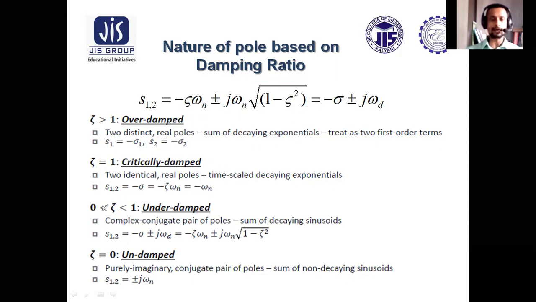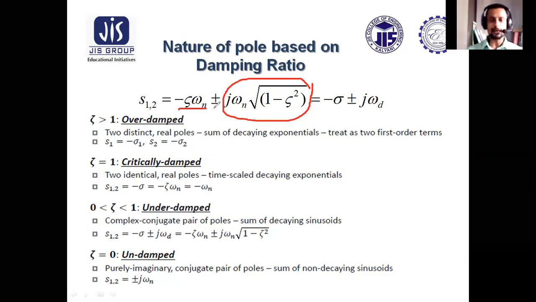Now, if zeta is ranging between 0 and 1, what will happen? Suppose zeta is 0.1. Then 1 minus 0.1 is a positive quantity, so the square root of 0.9 will be a positive quantity. So if zeta is ranging between 0 and 1, this imaginary part will exist and this real part will also exist.